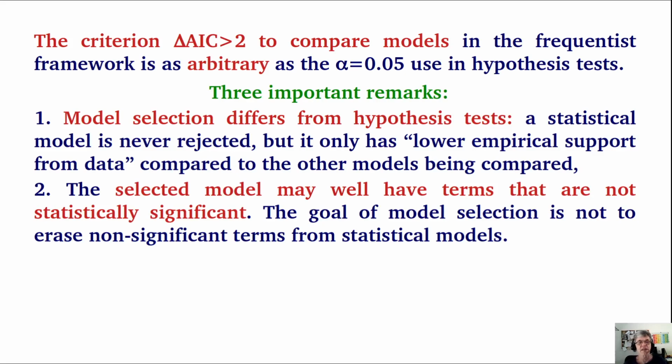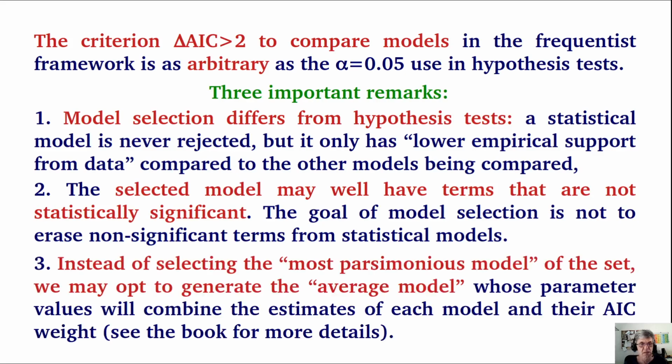The goal of model selection is not to erase non-significant terms from a statistical model. So we should bear in mind that we may well end up with terms that are not statistically significant, and this is not a mistake.